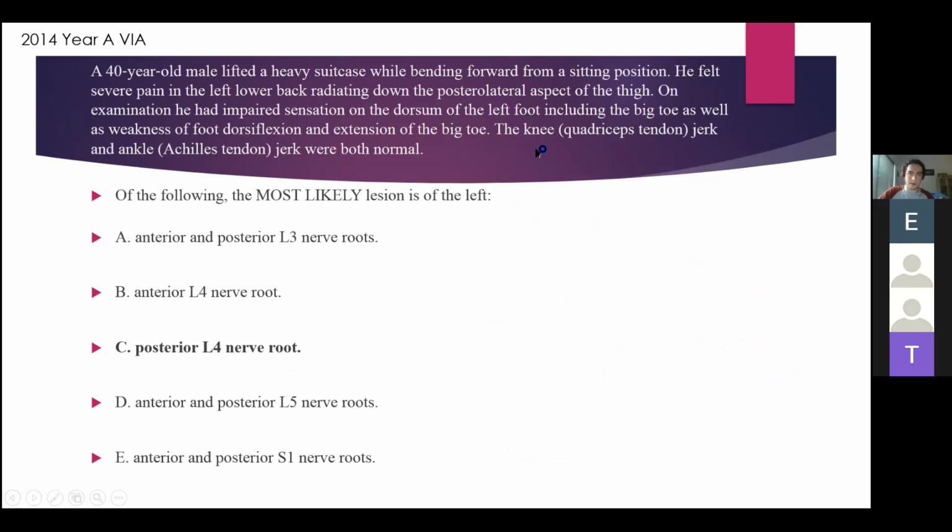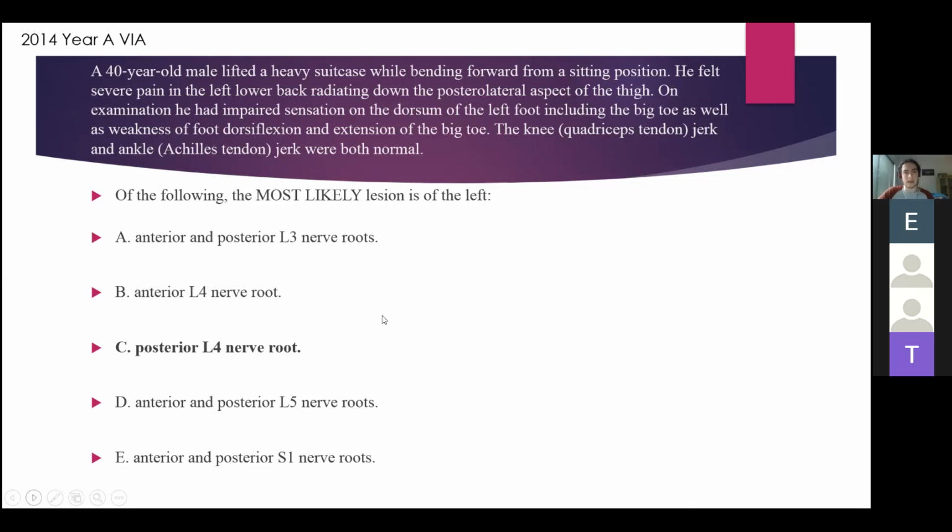However, their knee jerk and their ankle jerk are both normal, which means their tibial nerve has to be intact, because the tibial nerve provides motor function to the muscles of the calf, which supply the ankle jerk reflex.